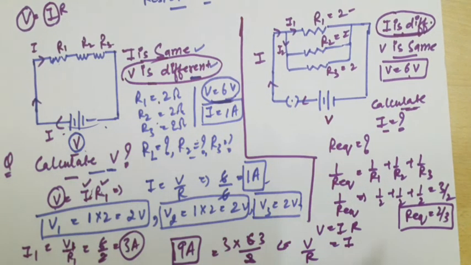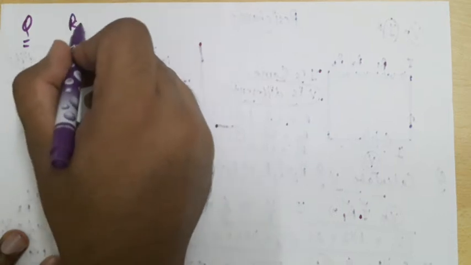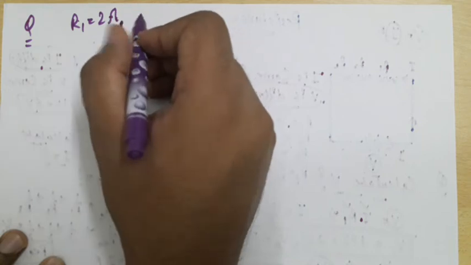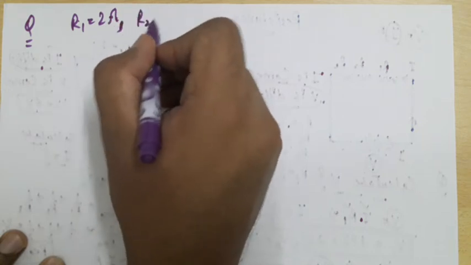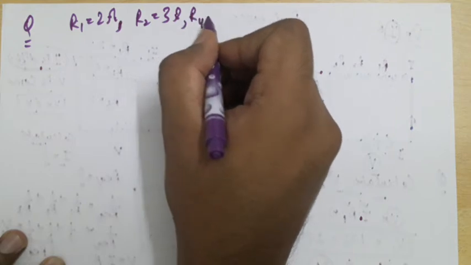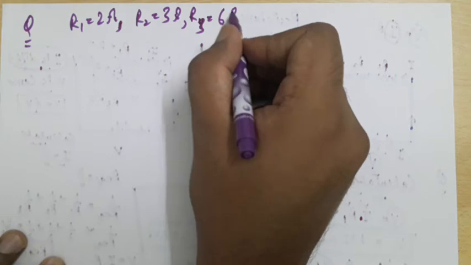Let us take one or two more questions. So the question is, you have 3 resistors, right? R1 is 2 ohms, R2 is 3 ohms, and R3 is 6 ohms.